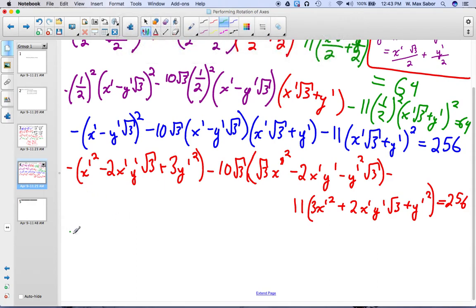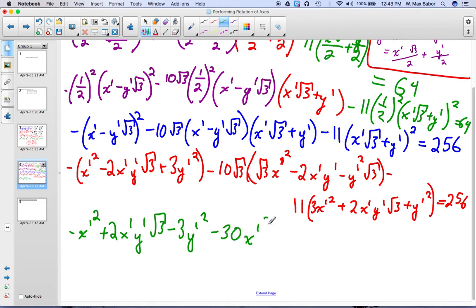Distributing that negative, plus 2x prime y prime square root of 3 minus 3y prime squared minus, this becomes 30 x prime squared minus 20 square root of 3 x prime y prime.